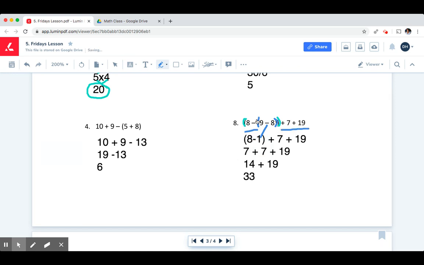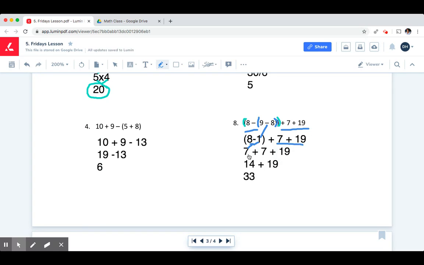I made sure that I kept the parentheses around the 8 because I haven't solved that one yet. I only solved the one inside. Next, I do 8 minus 1 because that's in parentheses, and that gets me 7. I copy the rest.